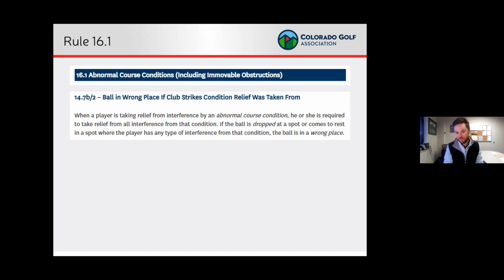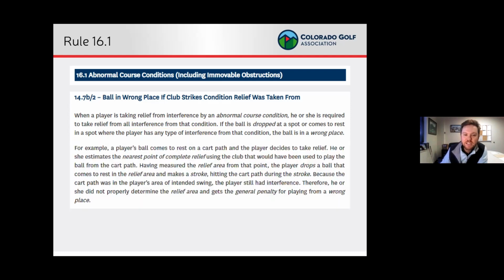Because if it was inside the relief area correctly, it would avoid all interference from stance, lie of ball, and area of intended swing. So if it doesn't avoid interference, it's outside the relief area, therefore it is in a wrong place technically. Again, here it highlights all interference from that condition. It's referencing all the stuff we just talked about in 16.1. It's compiling it right there at the end of that sentence.